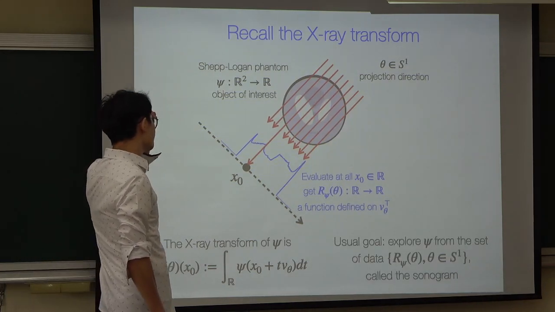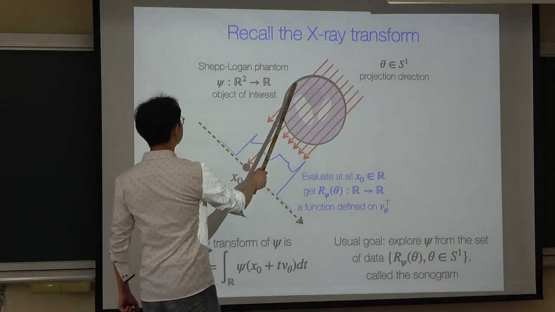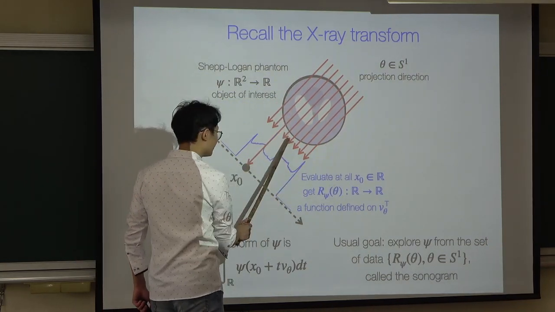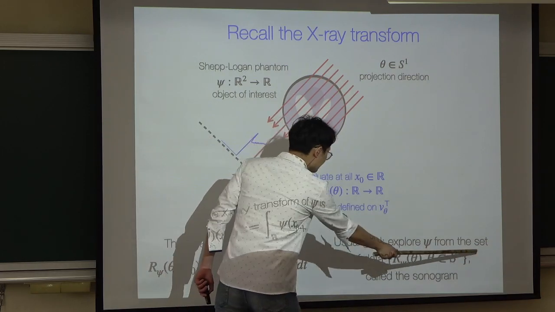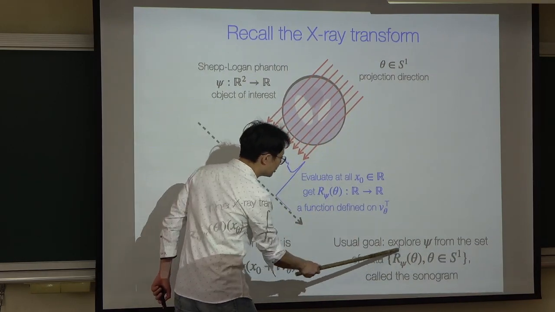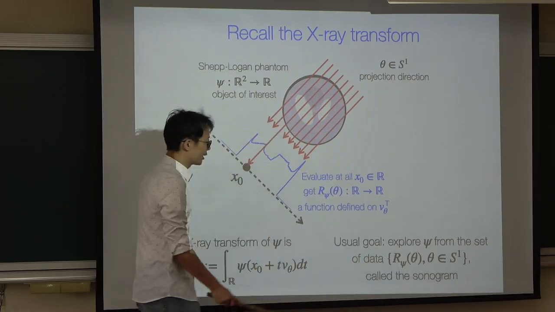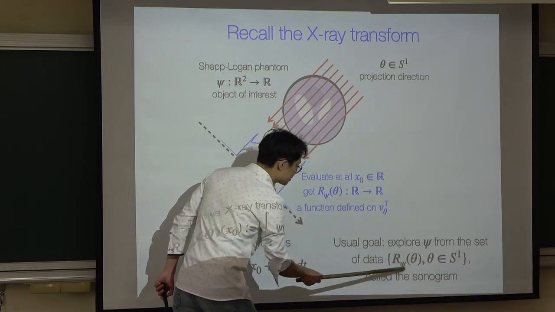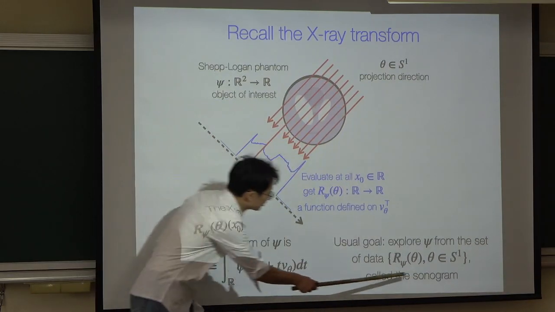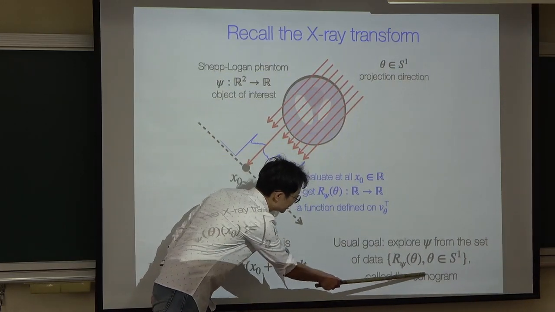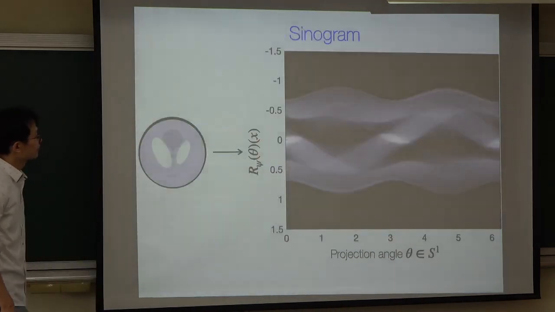The usual goal is to explore or understand psi, this function, from the set of data from all the projection directions, and you know what theta is. This set of data is called a sinogram, spelled S-I-N-O, sinogram. This is how it looks.